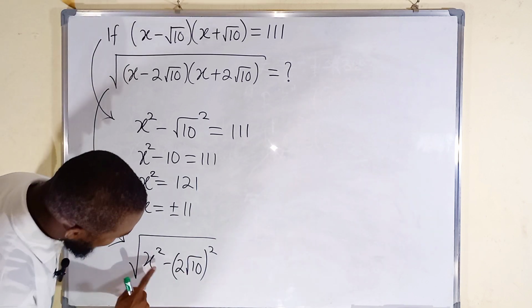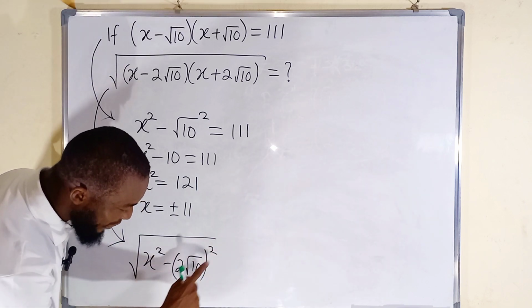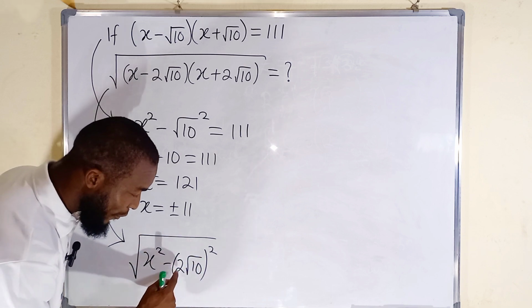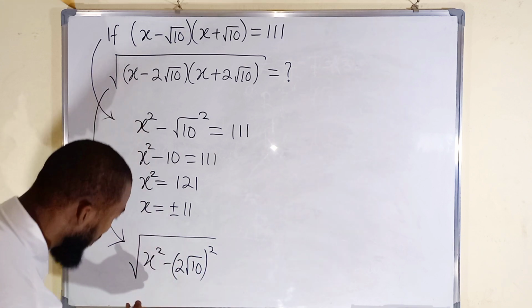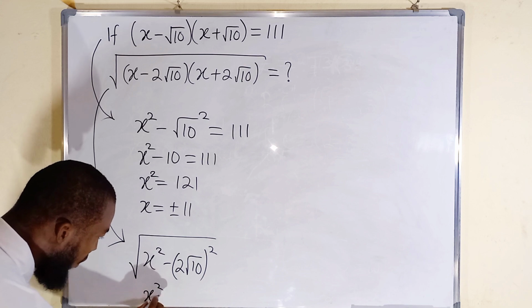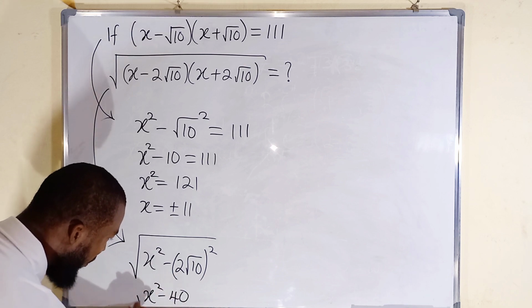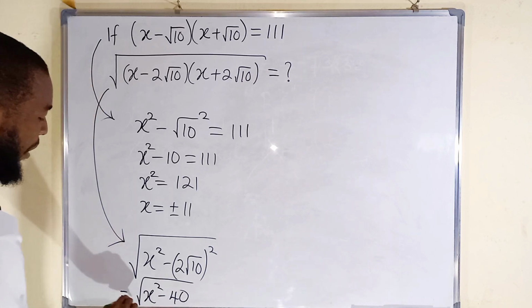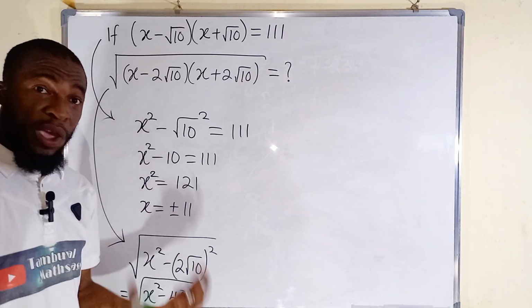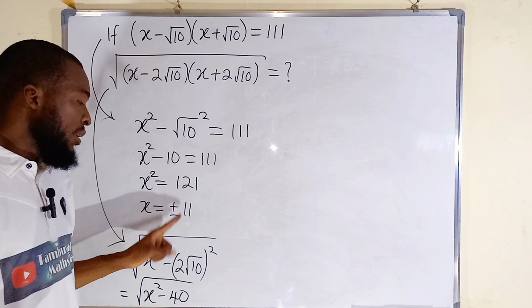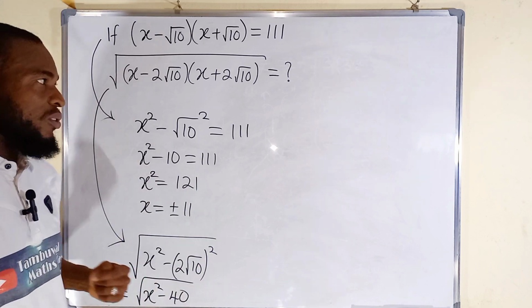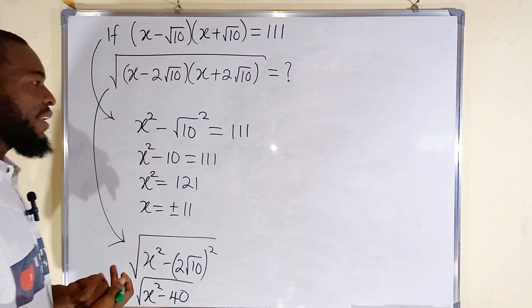If you simplify, let me start with this one: 2 squared is 4, then root 10 squared is 10, and 4 times 10 is 40. So this is the same thing as x squared minus 40, under the square root. Since x is squared, either by plugging in 11 or negative 11, the output will be positive.